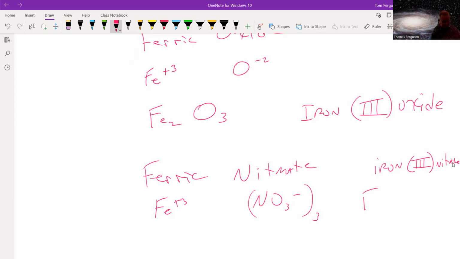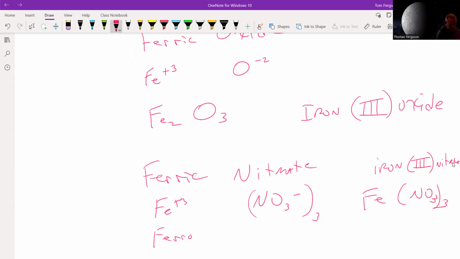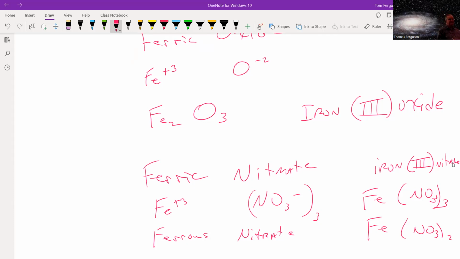So the formula is Fe(NO3)3, ferric nitrate. Ferrous nitrate is going to be Fe(NO3)2, because ferrous is a +2 iron, or iron 2 nitrate.